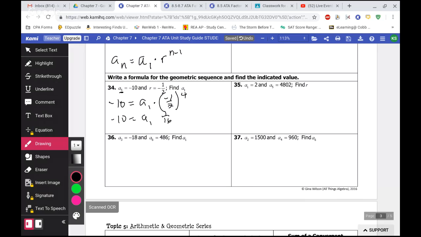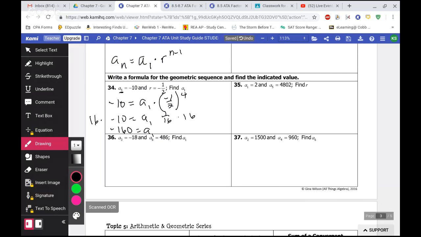Okay. So to undo multiplication, this is being multiplied by 1/16, you divide. Or to get rid of a fraction on one side, you multiply by its reciprocal, because I'm going to multiply both sides by 16. Does that make sense to you guys? Yes. So negative 160 equals a sub 1.